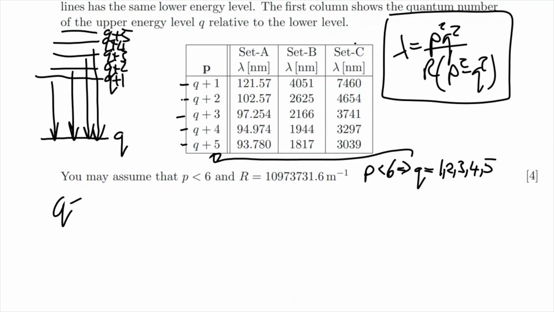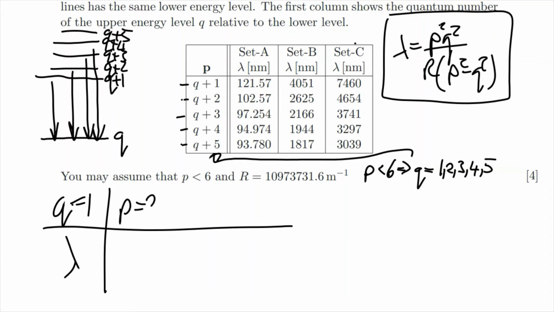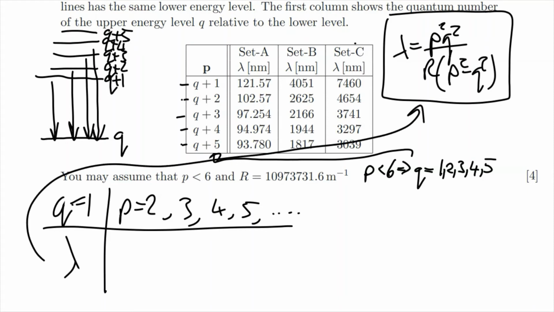So for Q equals 1, draw a little table. We have P equals 2, 3, 4, 5, etc. And we get lambda if we sub these numbers in to this equation up here.